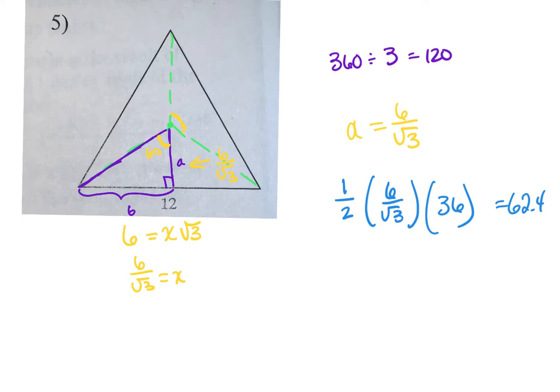Now, you could solve for the hypotenuse, which is also going to be this guy right here, which means you could double the short side. So this is 6 square root of 3, and this piece of it is 12 square root of 3, which means this is your height. And you could say 1/2 base times height if you wanted to.